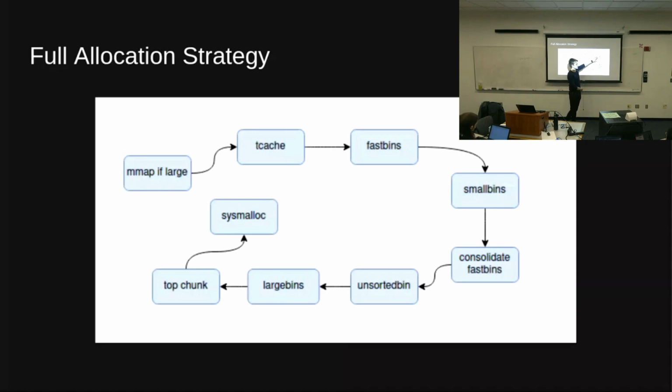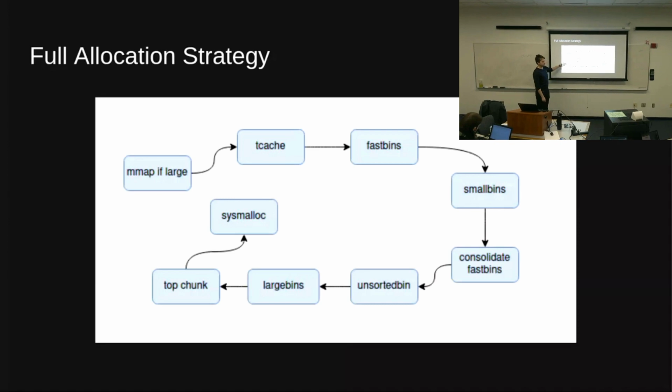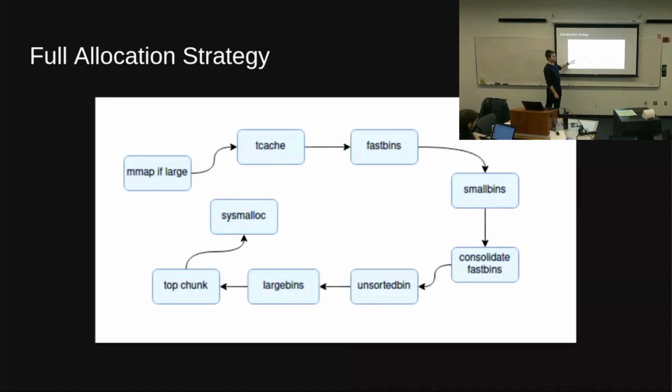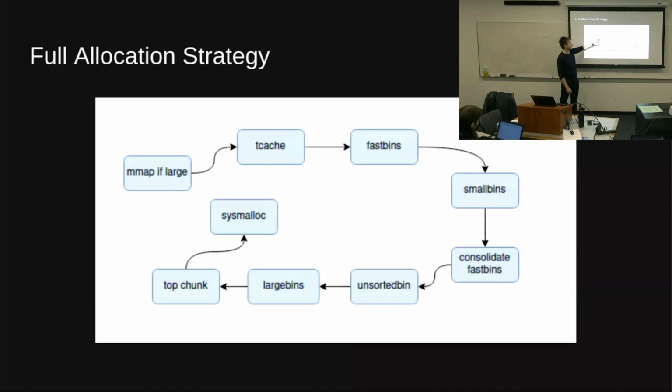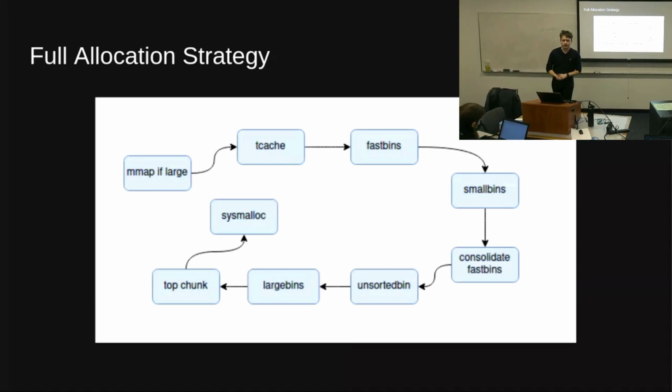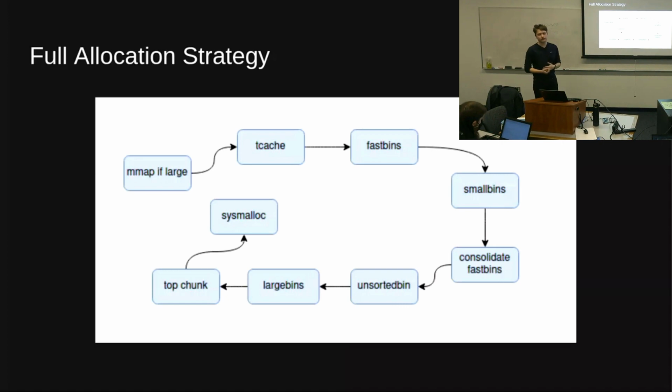Otherwise, you check the small bins. If it's not there either, you consolidate all the fast bins as much as you can. Then you check the unsorted bins and the large bins. And if it's not in any of those, you try to expand the top chunk. If that doesn't work, if the top chunk is fully used up, then you call the syscall to expand the heap region.